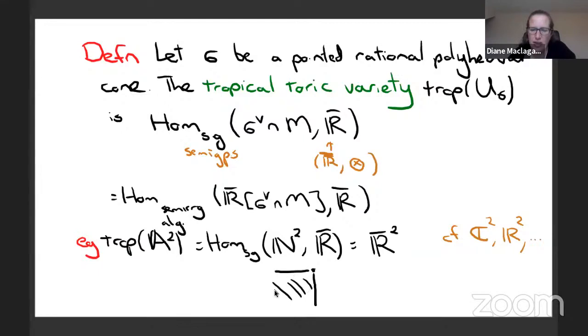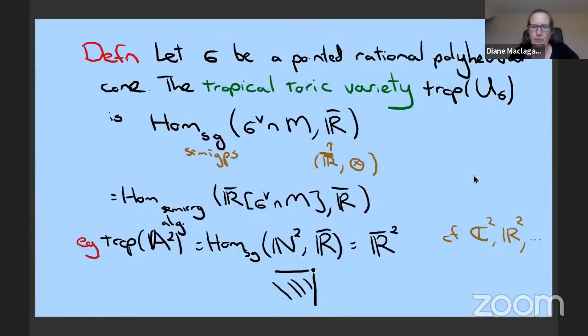I've got my R squared here, and then these are my lines at infinity: infinity, comma, anything, and anything, comma, infinity, and then just the point infinity, infinity. Okay, so we've tropicalized the affine plane, which just means think about the toric varieties as defined over the tropical semi-ring instead of over your favorite field.